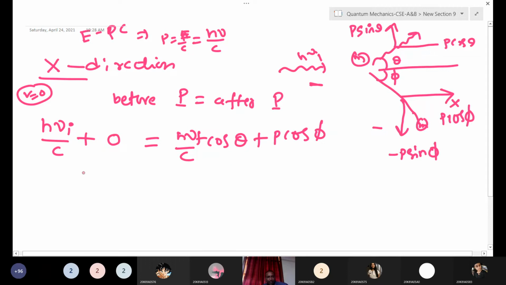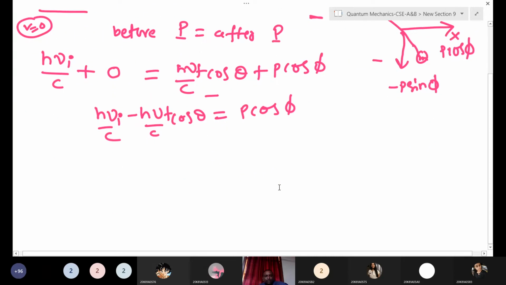Bring these two terms to one side, because h nu i minus h nu f by c, with cos theta, and cos phi. So this is the expression we got.